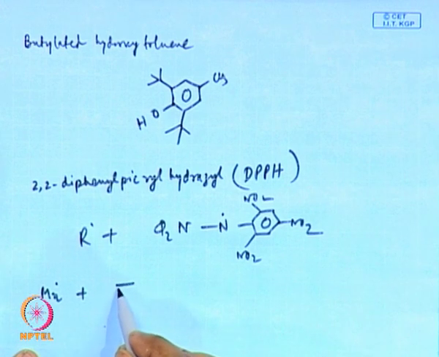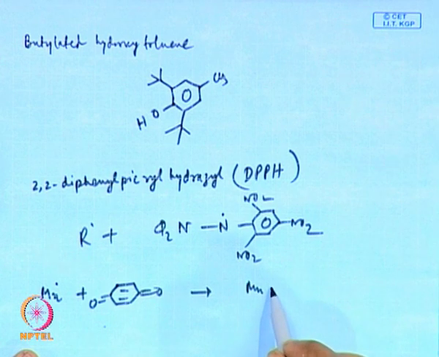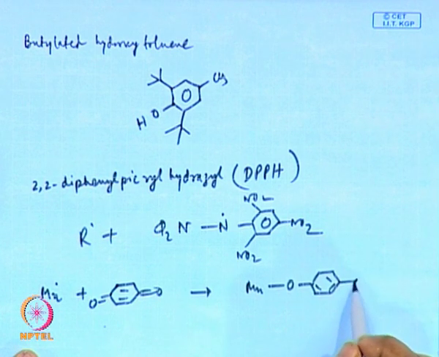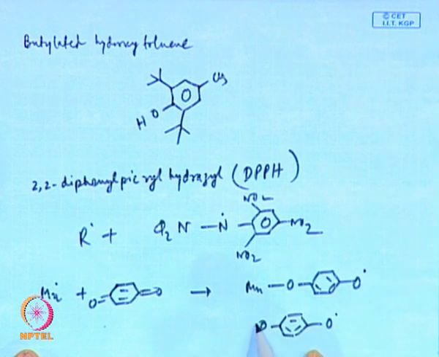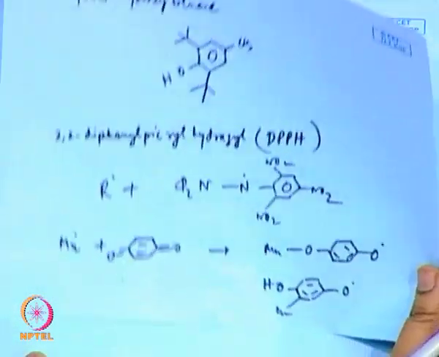This benzohydroquinone can react with a propagating radical and form either this or this radical, both of which are very stable radicals.